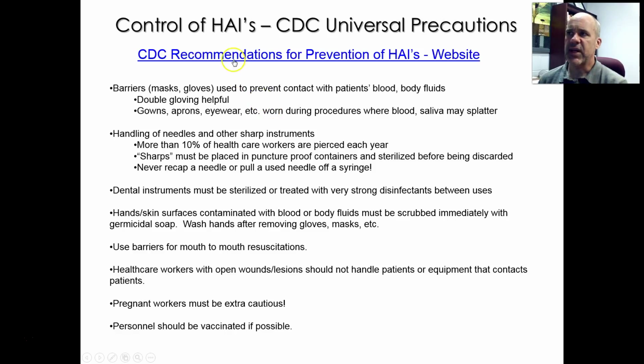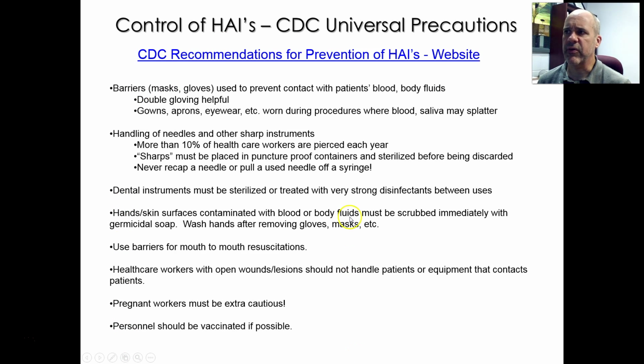You do want to check out your textbook in Chapter 11. It has a section on kind of a summary of the CDC universal precautions. So these are rules that all healthcare workers are supposed to follow to help limit the spread of HAIs. And you guys can kind of read through the summary here and also in your textbook. There's a link here in the full PowerPoint which will bring you to the full set of universal precautions.